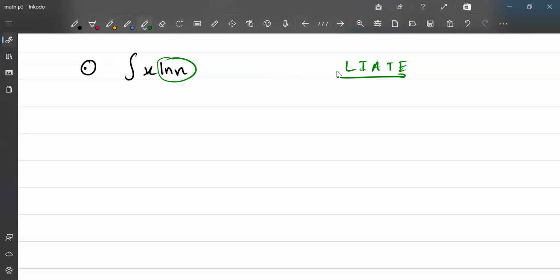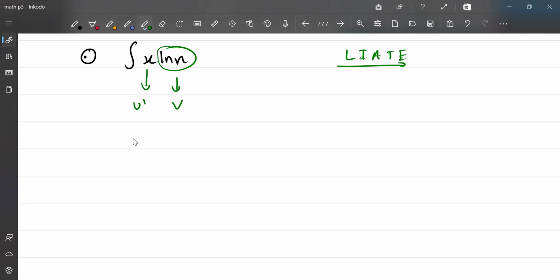The first term appearing in the LIATE order would always be v, all right? And since the algebraic function is after logarithms in the LIATE order, it would be u dash. All right, this is what we learned, v and u dash.